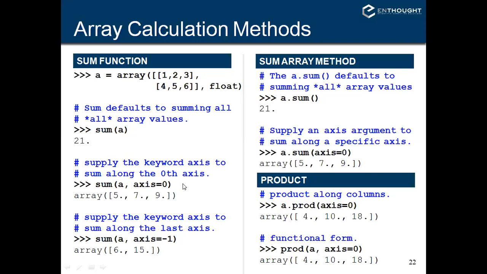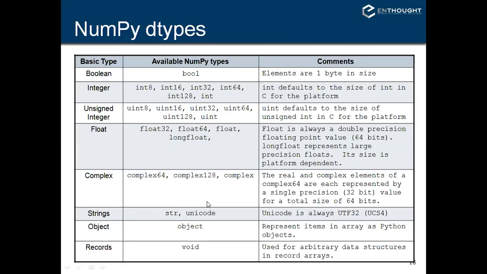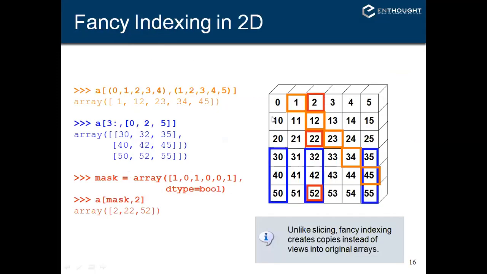Now, suppose we supply the keyword axis, right? So how does this axis work here? Sum along the zeroth axis. Axis is a very important thing here. In this kind of array, let's see an example. This is an array, so you want to add along which axis? This is the zeroth axis, this is the one axis, and so on.